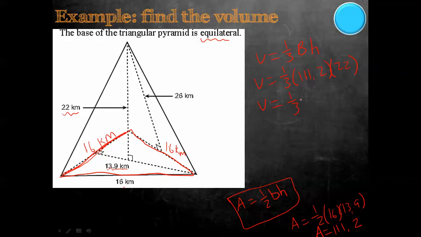So now we have 1/3, and we're going to take 111.2 times 22, which is 2,446.4. And then we're going to divide that by 3, and we're going to get approximately 815.5 kilometers cubed.